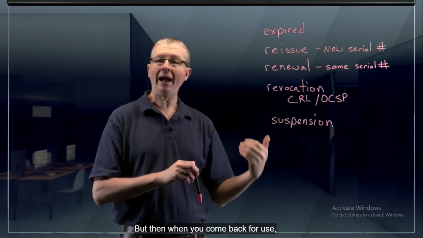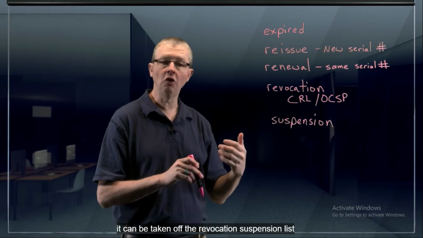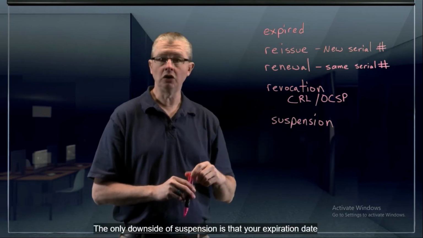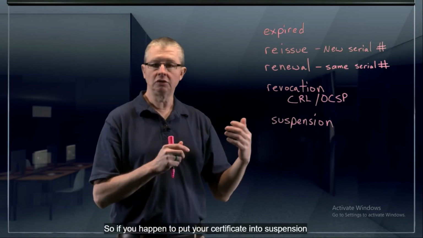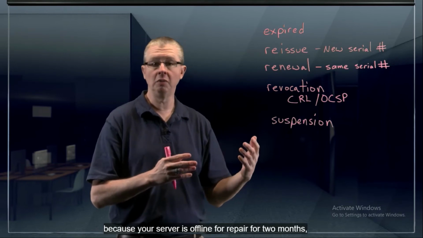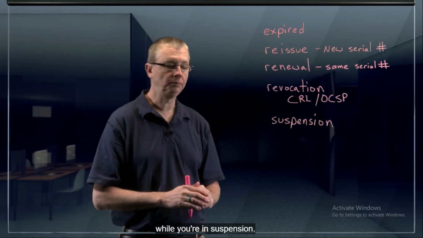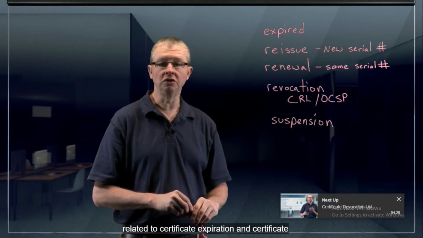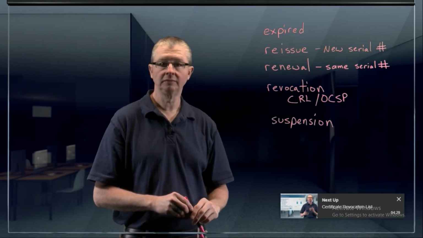But then when you come back for use, it can be taken off the revocation suspension list and go back to regular use. The only downside of suspension is that your expiration date doesn't change. So if you happen to put your certificate into suspension because your server is offline for repair for 2 months, you just give up that time frame of use while you're in suspension. So these are the basic concepts and ideas related to certificate expiration and certificate management that you want to be familiar with.